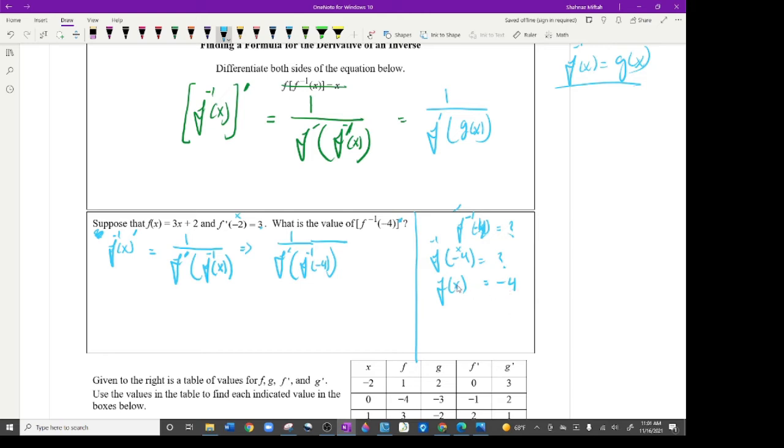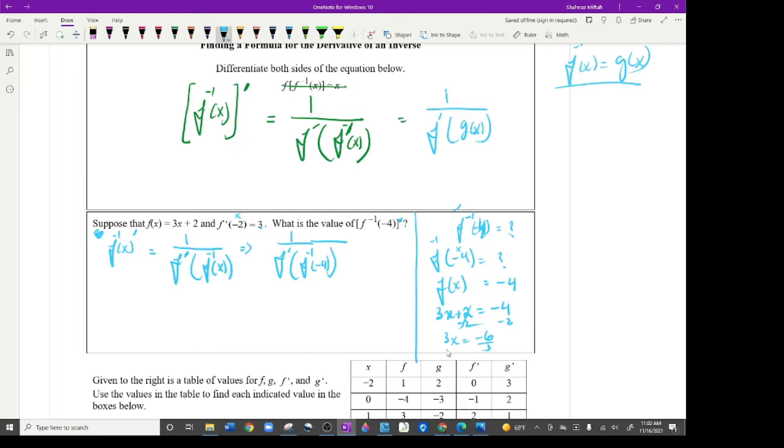So how do I get this x? If I get the x, I can get that too, isn't it? Look, the f function is already given. So I'm going to replace this f with 3x plus 2, which is equal to negative 4. This will give me the x value. Subtract 2 from both sides: 3x equals negative 6.